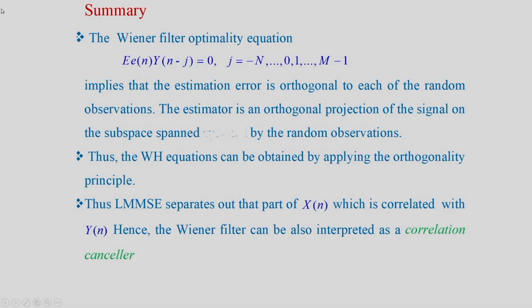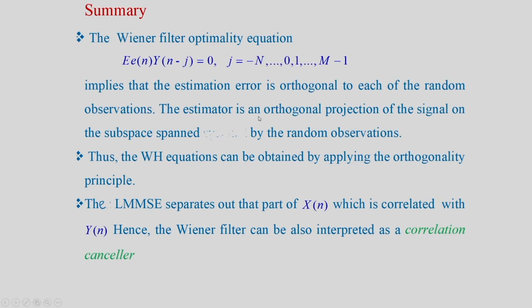Let us summarize the lecture. The Wiener filter optimality equations are: E of e n into y n minus j is equal to 0, for j going from minus n to m minus 1. These are the optimality equations for the general Wiener filter we have considered, and these optimality conditions imply that the estimation error is orthogonal to each of the random observations.